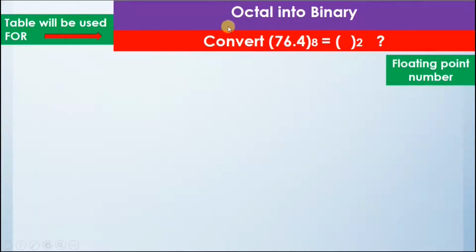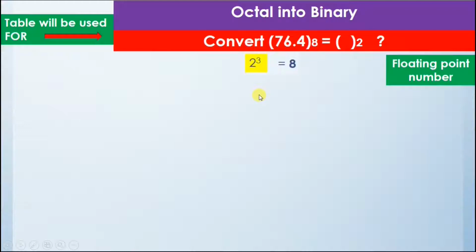Now we will convert an octal number into a binary number using a floating point number. The floating point number we are given is 76.4 in octal and we have to convert it into binary. We know that 2 raised to power 3 is equal to 8.